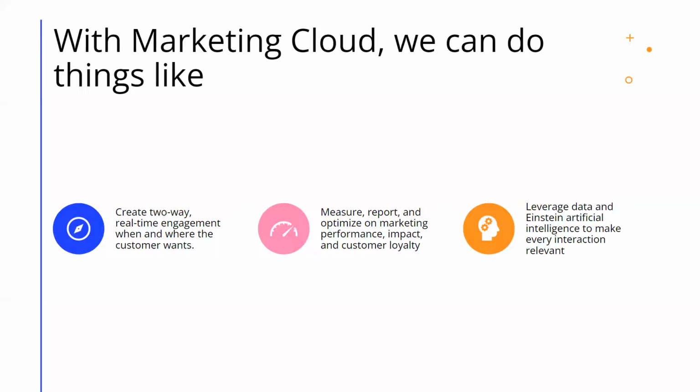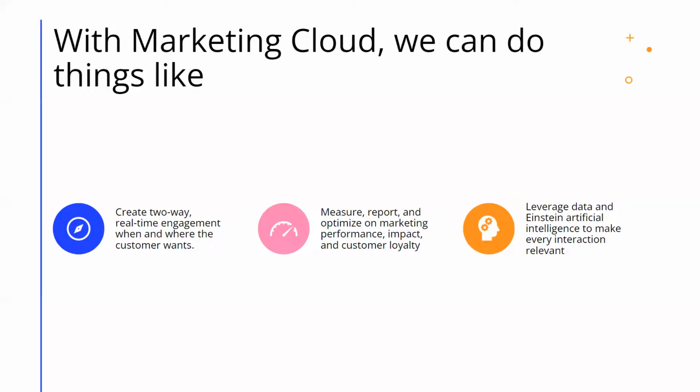You will be able to reach your customers across any channel at any time automatically. You will be able to deliver the right message which your customer wants to see, whenever he wants to see it. You can measure, report, and optimize marketing performance; with the help of reporting you will be able to pull data in Marketing Cloud, so that you keep checking the marketing performance.